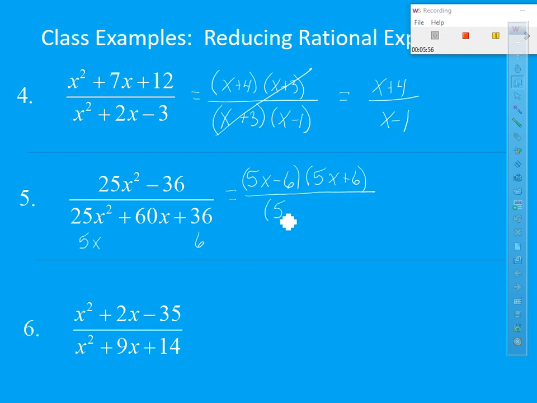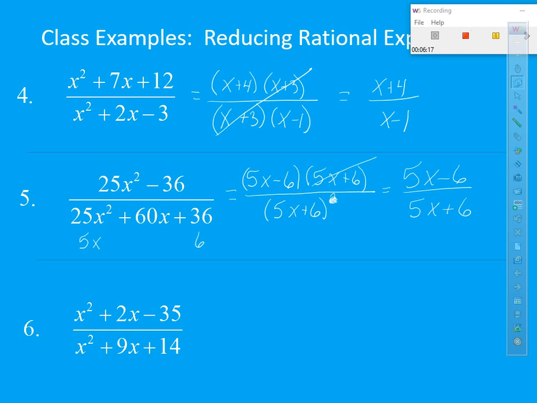So this becomes 5x plus 6 quantity squared. Now, when I reduce this, I can cancel out one of the 5x plus 6's. Instead of there being 2 on the bottom, there's now 1. So my answer is 5x minus 6 over 5x plus 6.